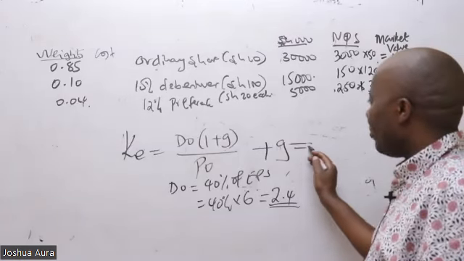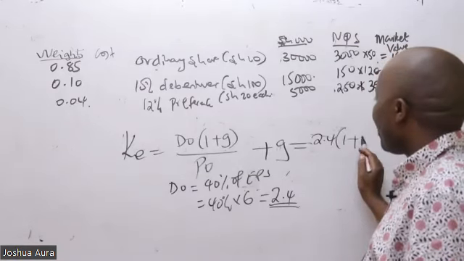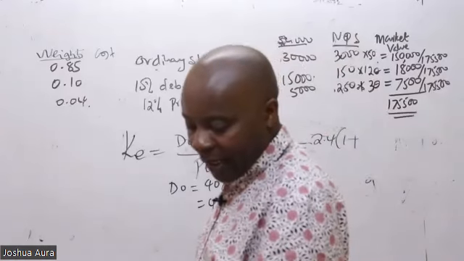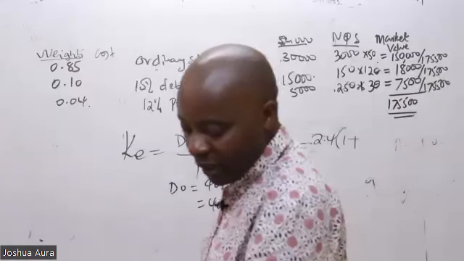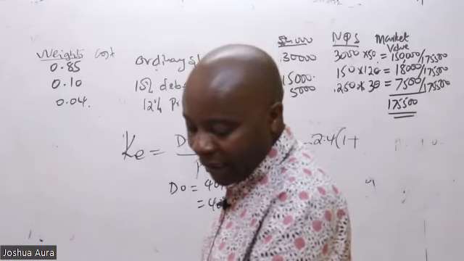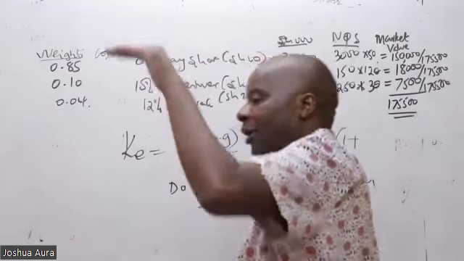So then come here and plug in. So this will be 2.4 into 1 plus the growth rate. If you read note number 4, the company's current policy is 60% dividend payout ratio as its dividend. However, the firm's future dividends are expected to grow at a rate of 7% each year for the foreseeable future, perpetuity.